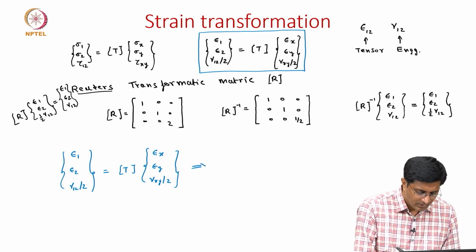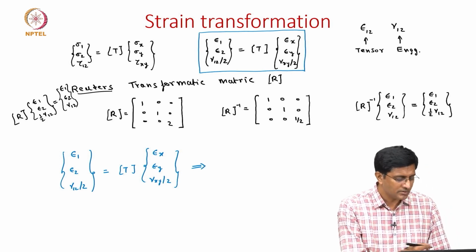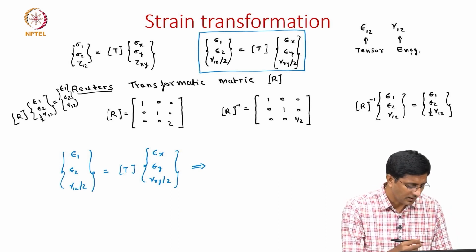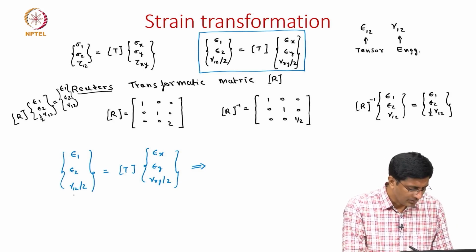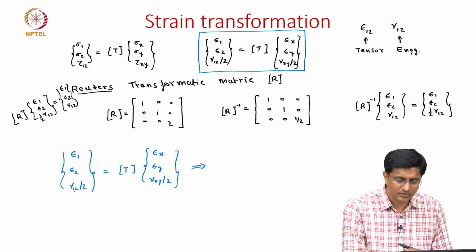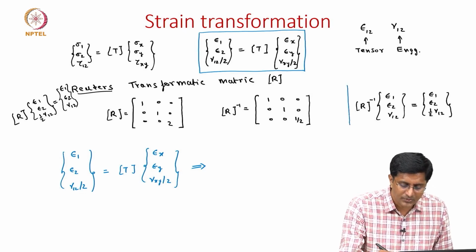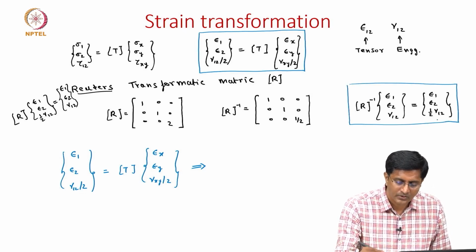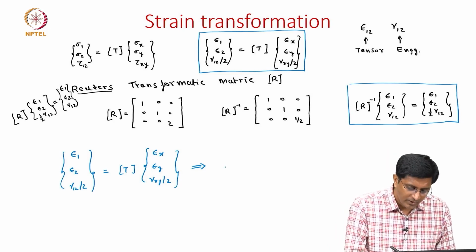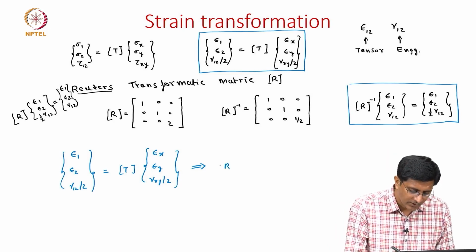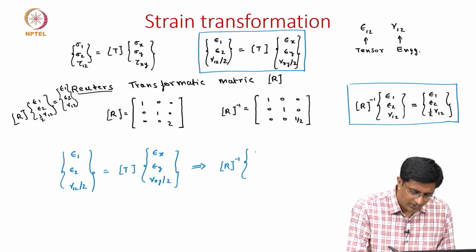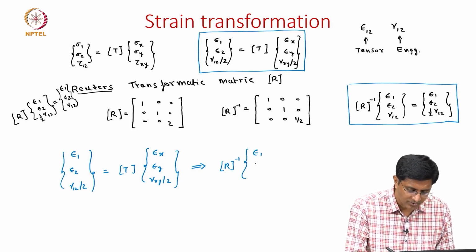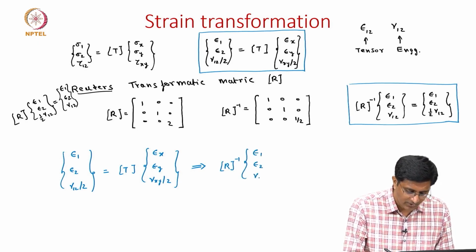But this time we will bring in this Reuter's transformation matrix R to rewrite the left side of this equation. To write the left side, I can use this expression, where I need to pre-multiply both sides with R inverse and write these strains as engineering constants, epsilon 1, epsilon 2 and gamma 1 2.